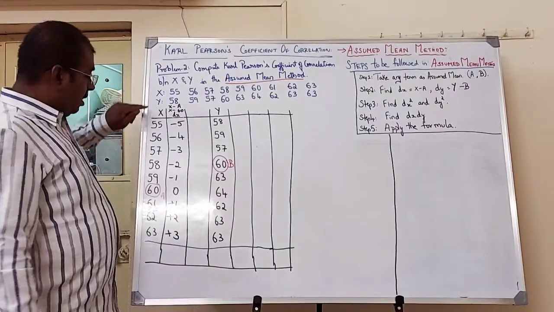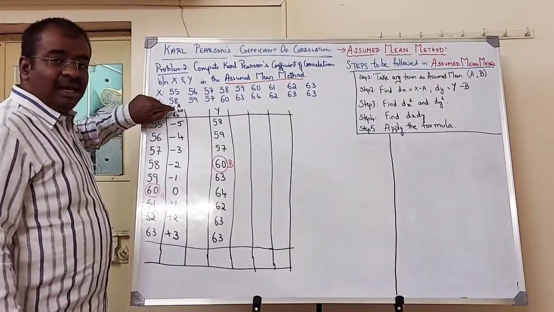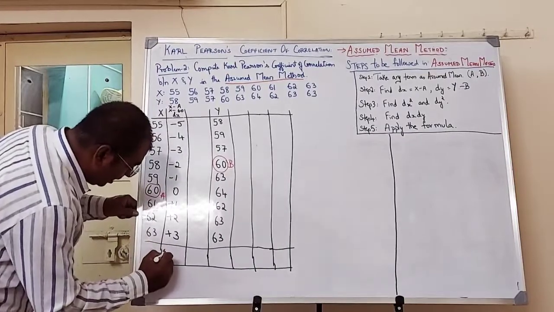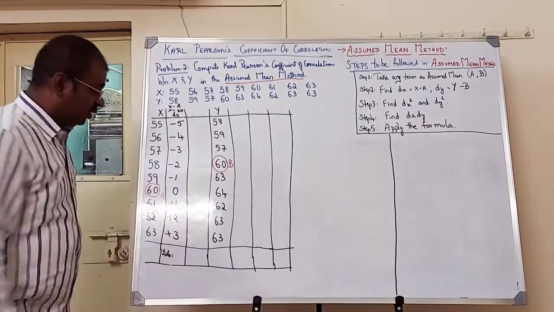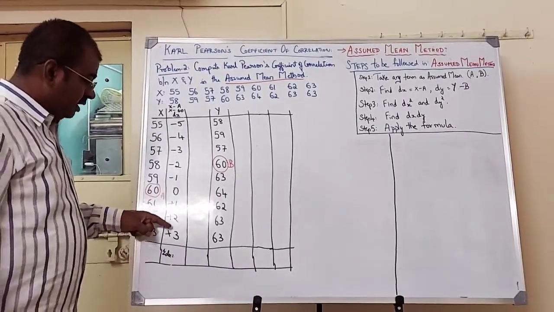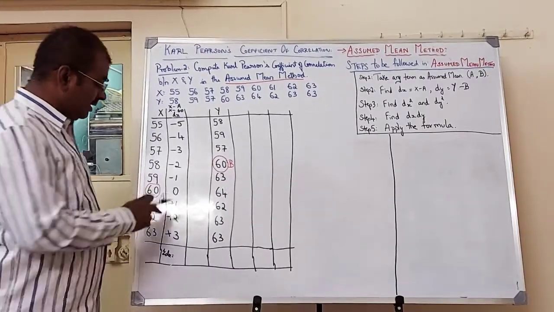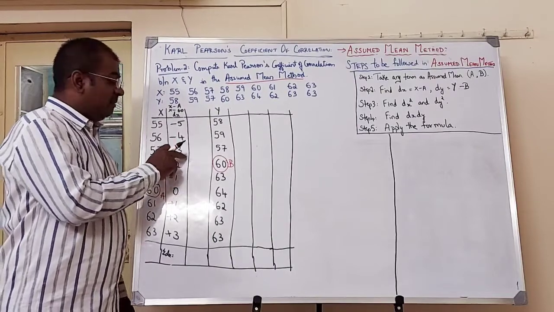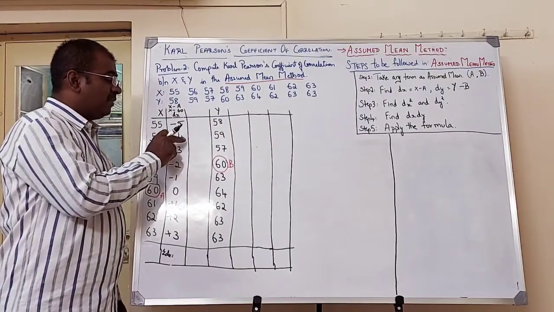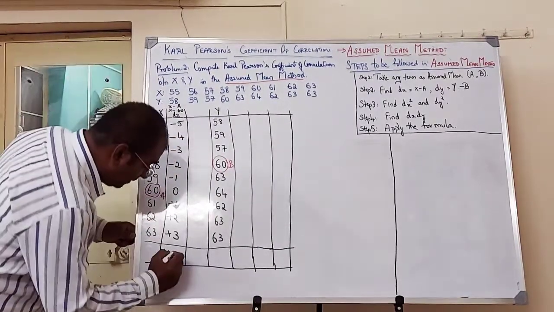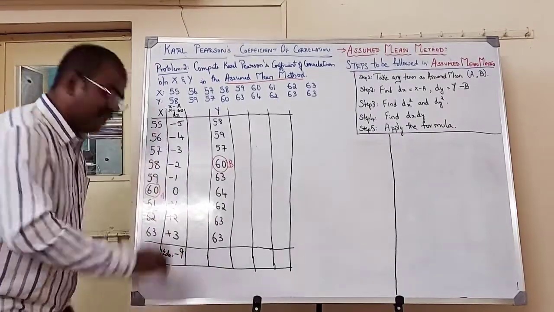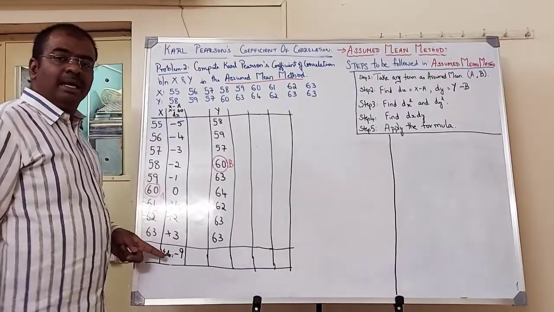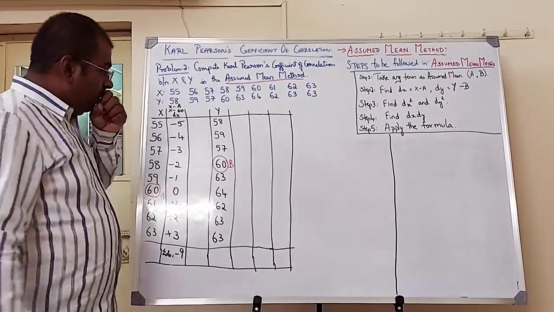So this is x values minus the assumed mean, which is 60. So sigma dx is equal to 3 plus 2 is 5, 5 plus 1 is 6, 6 minus 1 is 5, 5 minus 2 is 3, 3 minus 3 is 0, 0 minus 4 is minus 4, minus 4 minus 5 is minus 9. So the value of sigma dx is equal to minus 9.